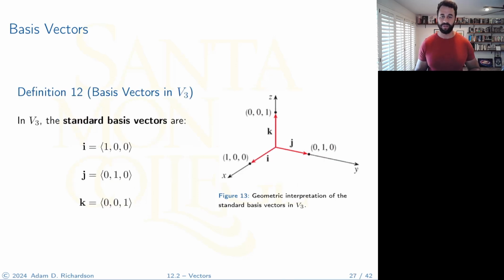Naturally, it extends to 3 dimensions. So the basis vectors for V3 are i, j, k. i is (1, 0, 0), j is (0, 1, 0), and k is (0, 0, 1). There we go. And again, this doesn't need to stop at dimension 3.